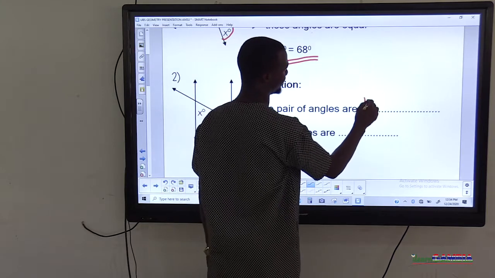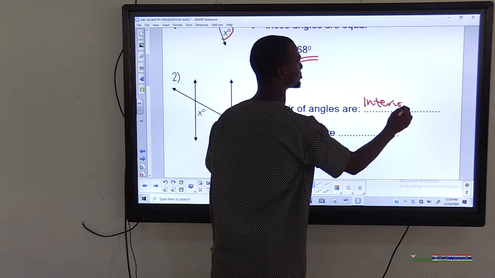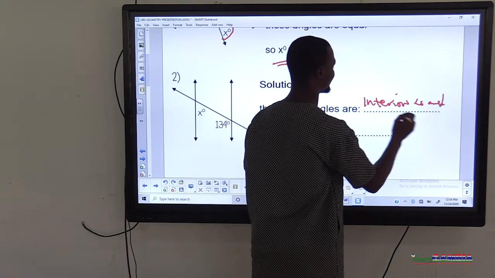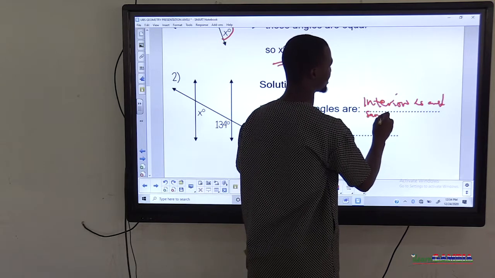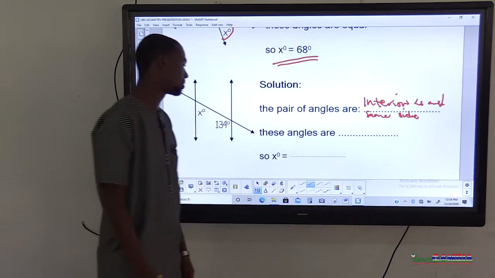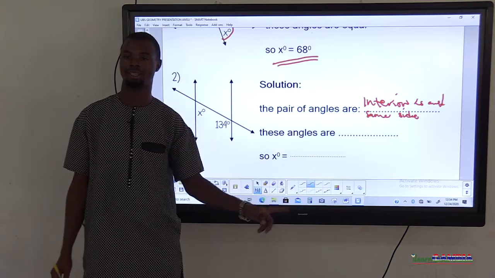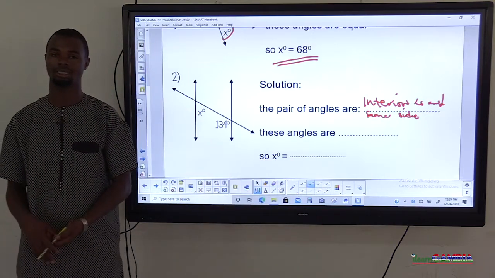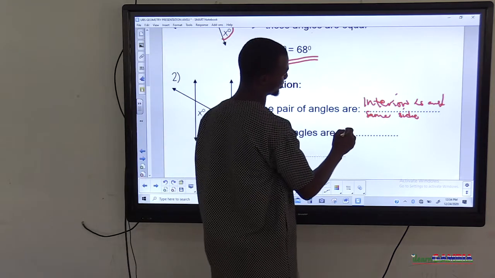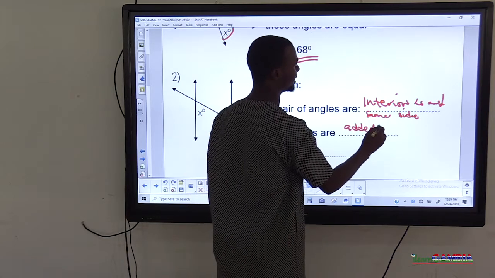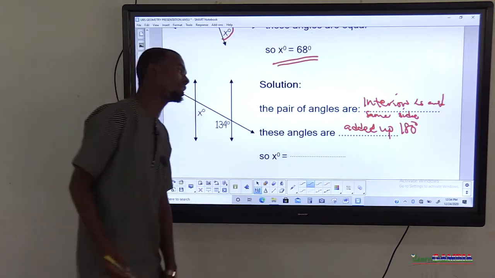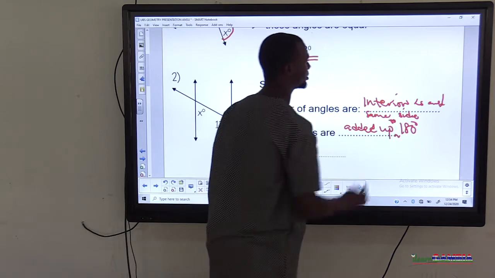They are interior angles at the same side of the transversal, same side interior angles. Same side interior angles are supplementary, added up to 180 degrees.